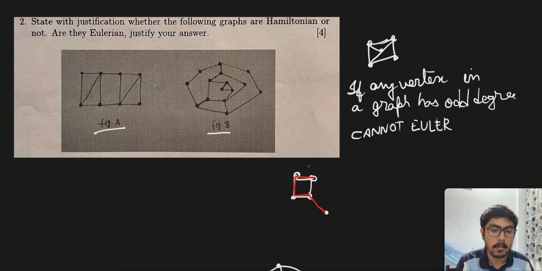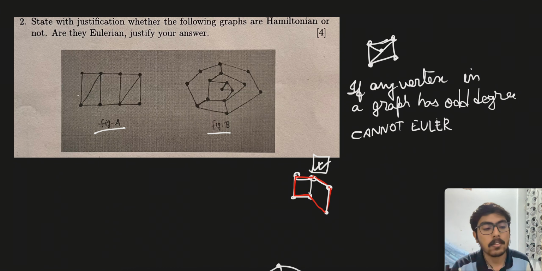It is a Hamiltonian path, but it is not a Hamiltonian graph. But if we have another vertex here, and then we extend this graph here and then here, there are also edges here as well, right? Then we can say that the starting and the ending vertex is this, and we visited all other vertices exactly once in the graph. So we can say that it is a Hamiltonian circuit.